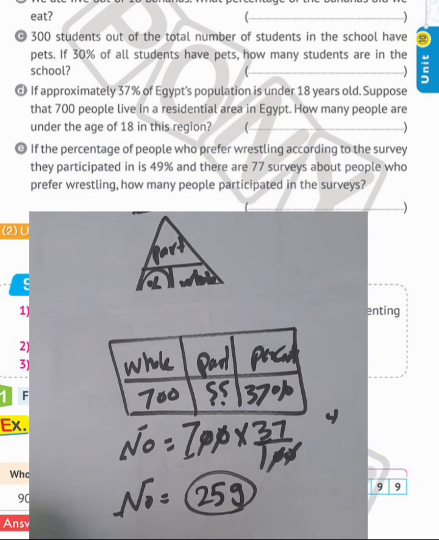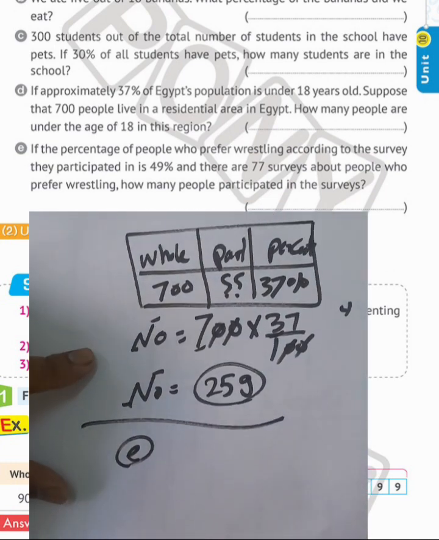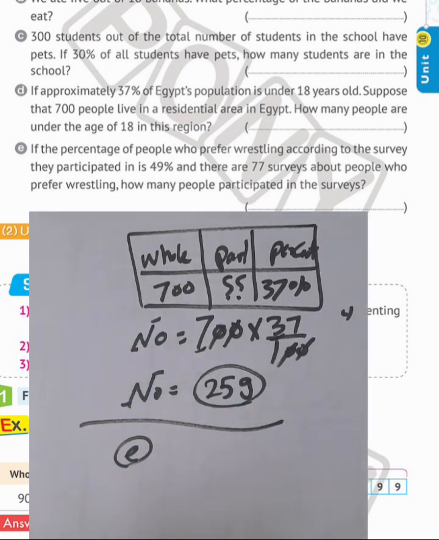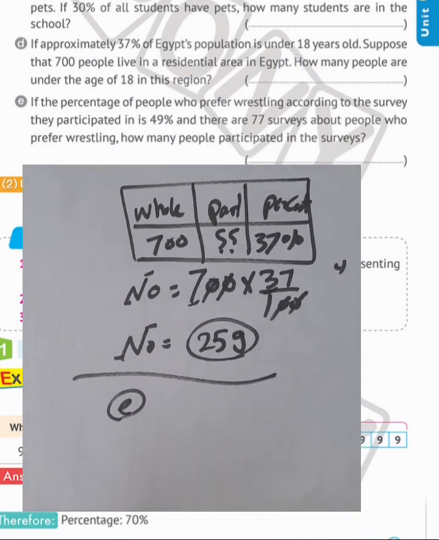Question letter E. If the percentage of people who prefer resting according to the survey they participated in is 49%, and there are 77 surveys about people who prefer resting, how many people participated in the survey?